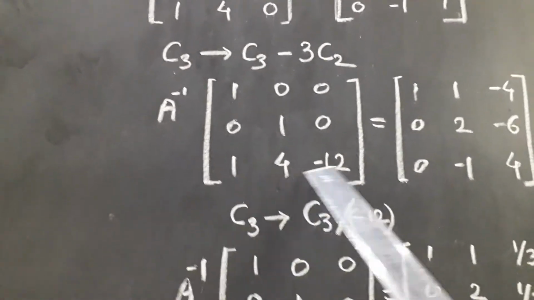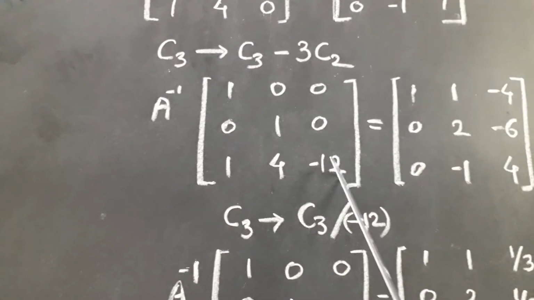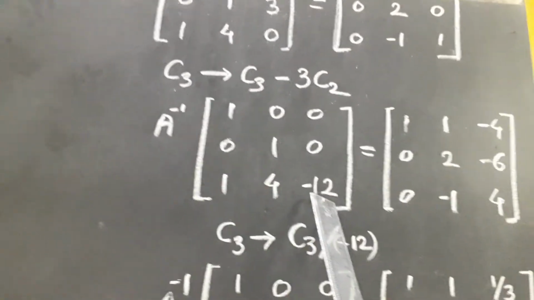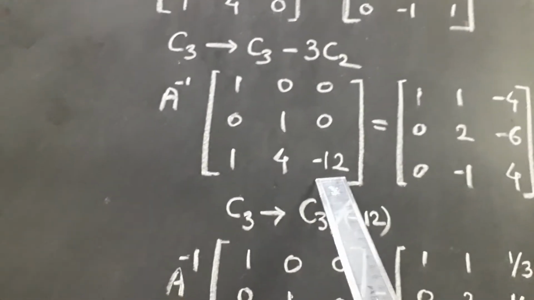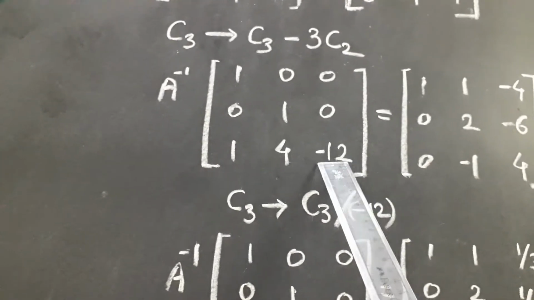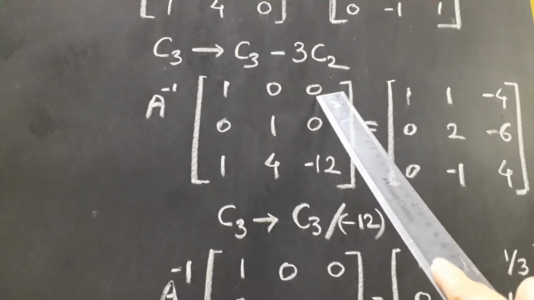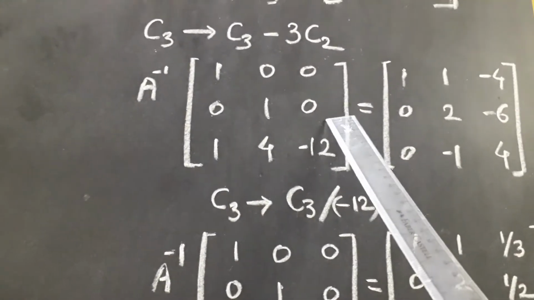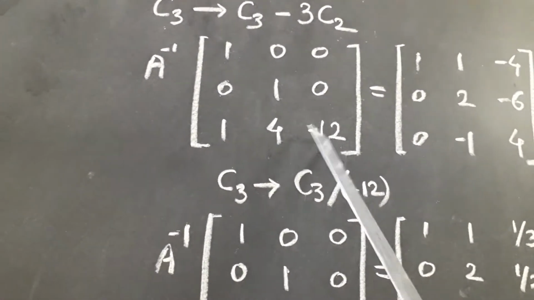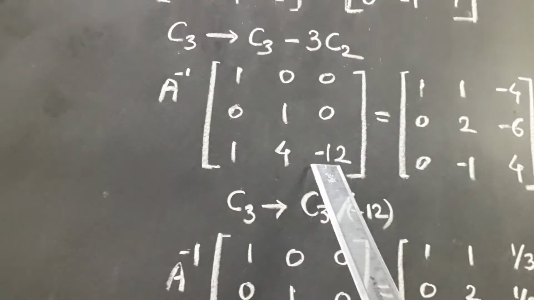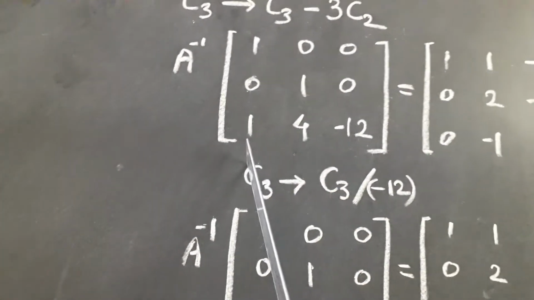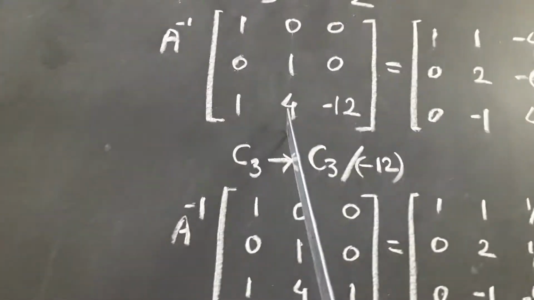To complete the third row, first we are going to convert this number into 1. So I am supposed to bring over 1 here, and for that, the first row is complete, the second row is complete. We have started with R3, so we will ignore the first column and the second column.